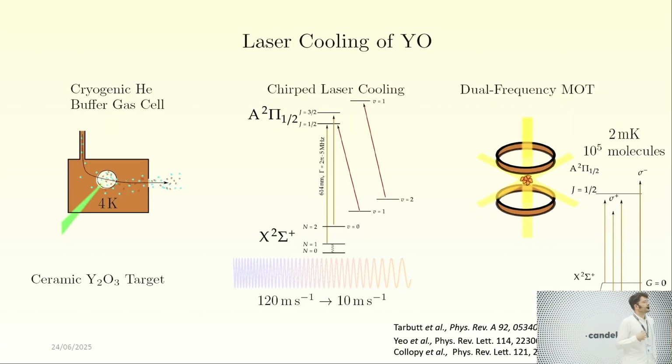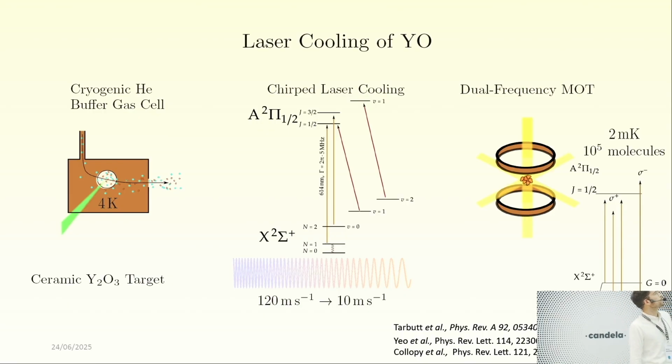It's yttrium monoxide. We produce it by laser ablation of a ceramic yttrium oxide target in a buffer gas cell, which produces a cold beam where the rotational and vibrational states are cooled to the lowest state. Then we employ chirped laser cooling to decelerate the molecules from around 120 meters per second down to 10 meters per second.